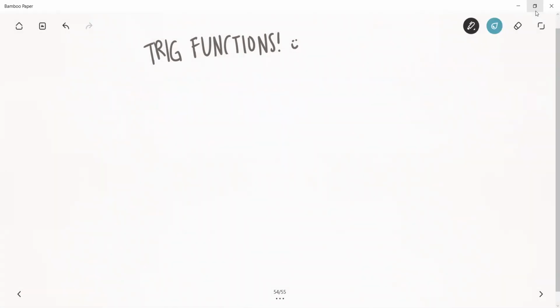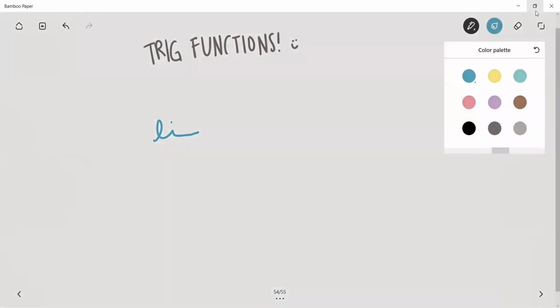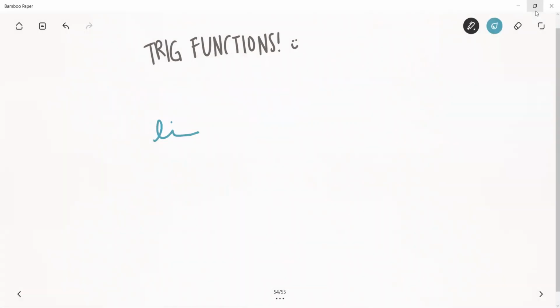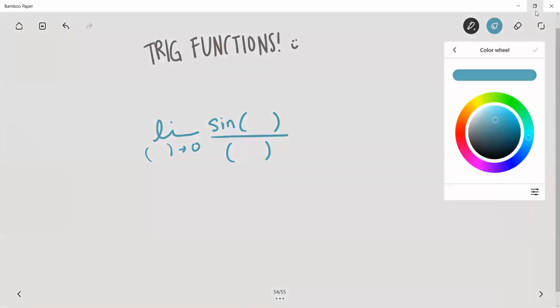In order to do it, there's two limits that we need to know. Actually, let's do it in different colors. So this first limit is the limit of sine of stuff over stuff as that stuff goes to 0. Why did I write it like that?